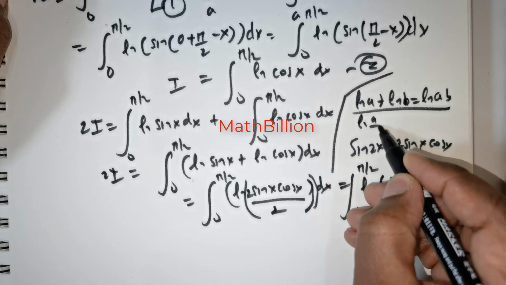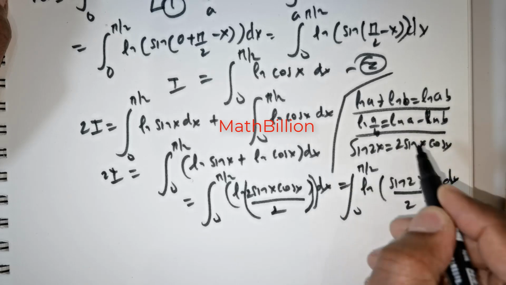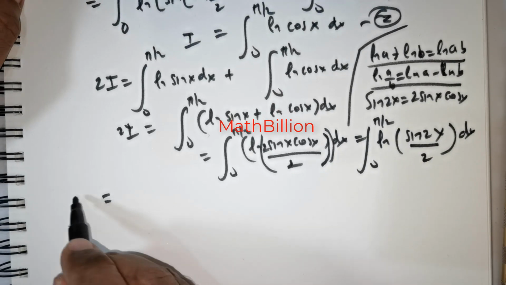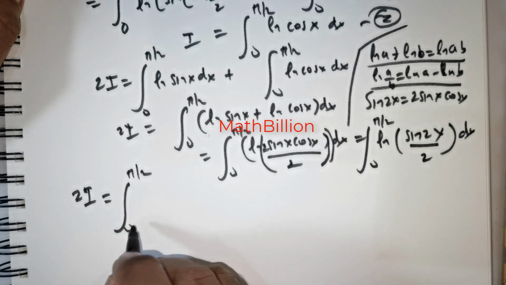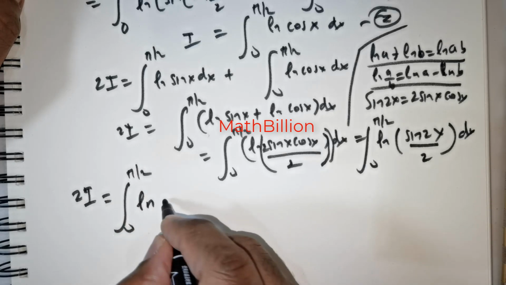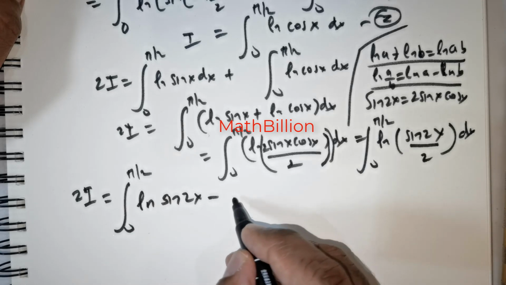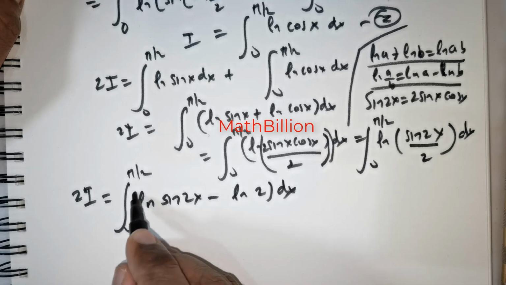Now there is a formula: ln of a over b is equal to ln a minus ln b. By that formula, on the left you have 2 times I, integral 0 to pi over 2 of ln of sin 2x minus ln 2, times dx.